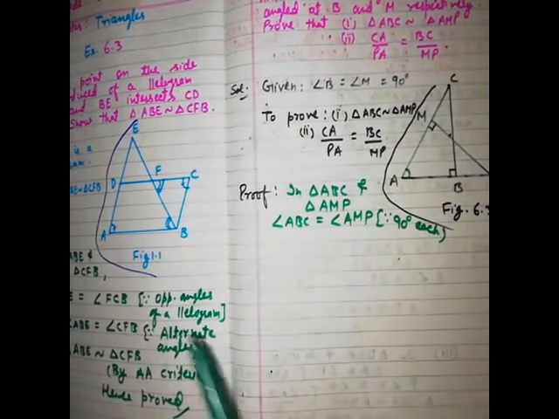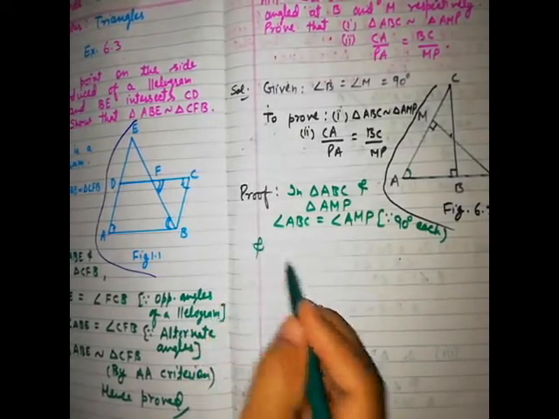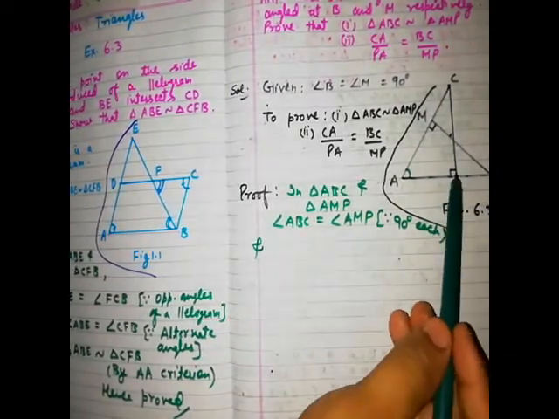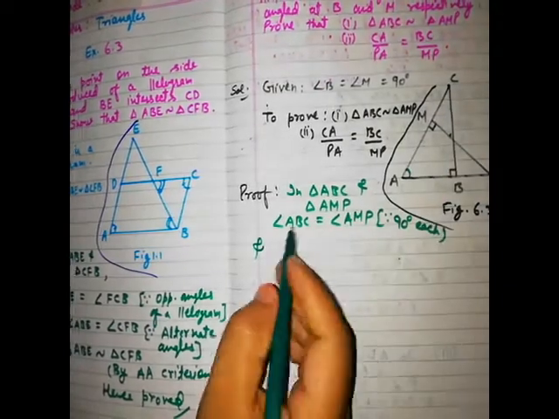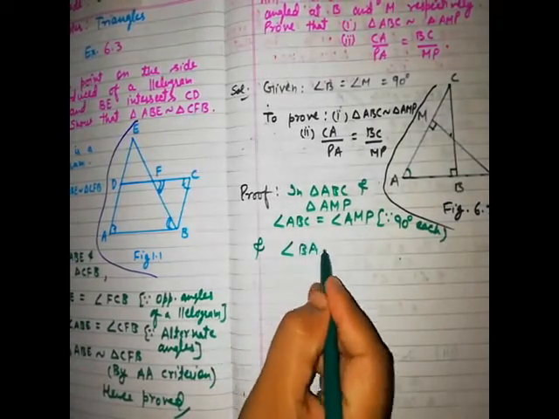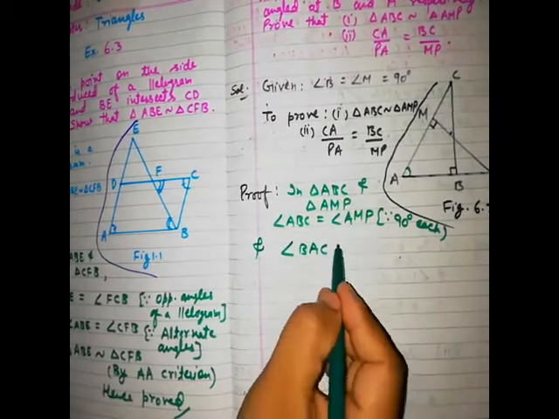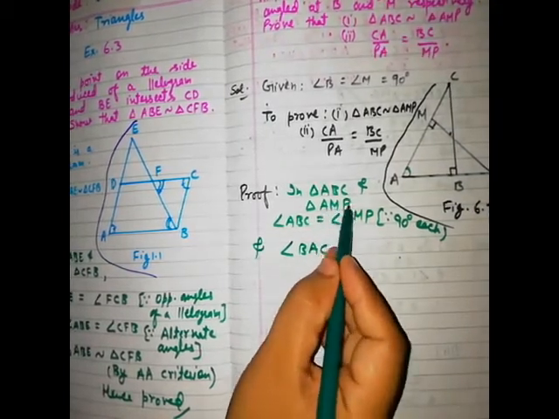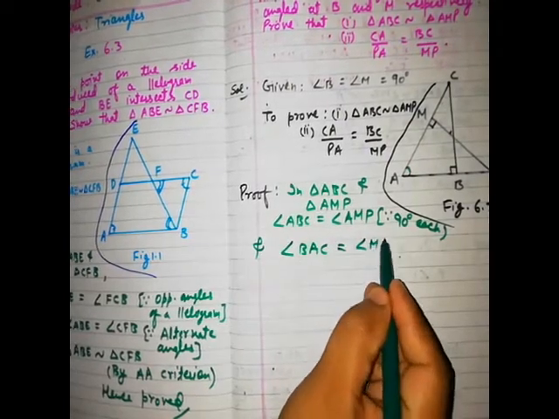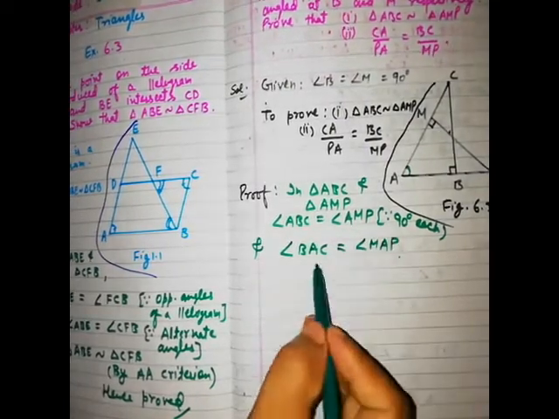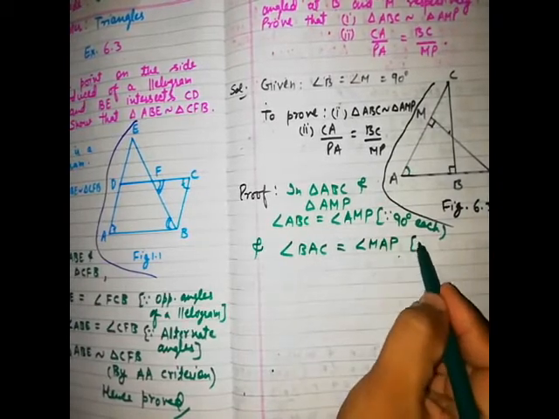This is given. Also angle BAC, this is made by second, first and third letter, is equal to angle MAP, and these angles are equal because this is a common angle.